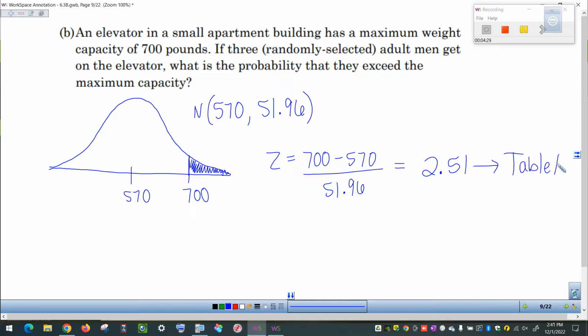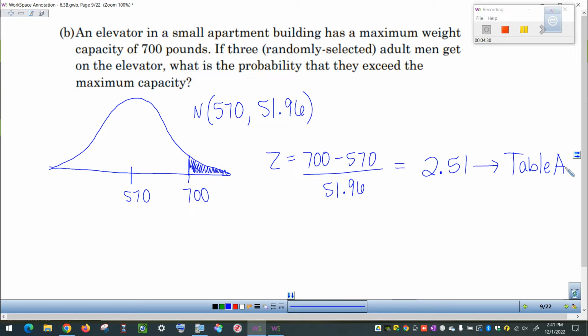And then we could go to Table A. By the way, you will have a Table A for our Chapter 6 test. So let's find the side where we have our positive z-scores. And I'm just going to find here 2.51. So I can see that the area listed on the table is 0.994. It seems like a lot. It's a huge amount.